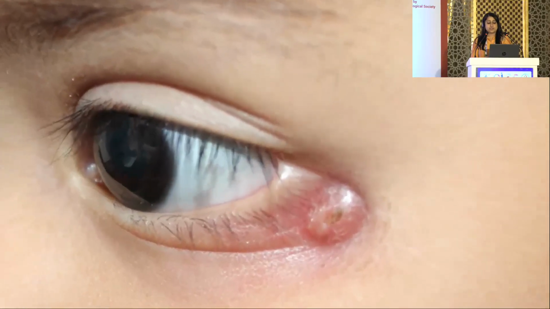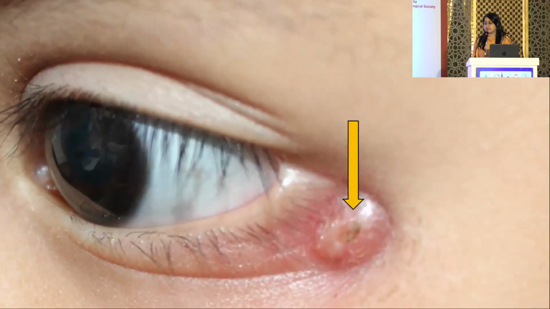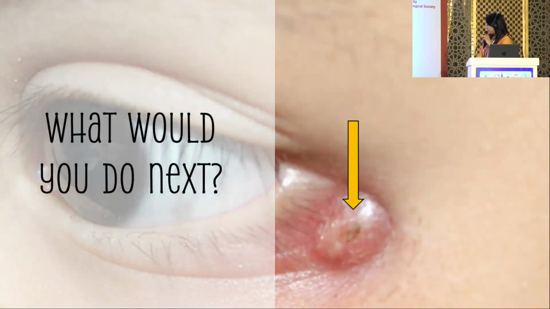And if you can see very closely, there was a small draining sinus. So at this stage, what would you do next? To you, Dr. Mritika. I think it is important to go ahead with imaging at this stage in a child with a discharging sinus, where we can see that there is some amount of scarring already taking place with lower ectropion.